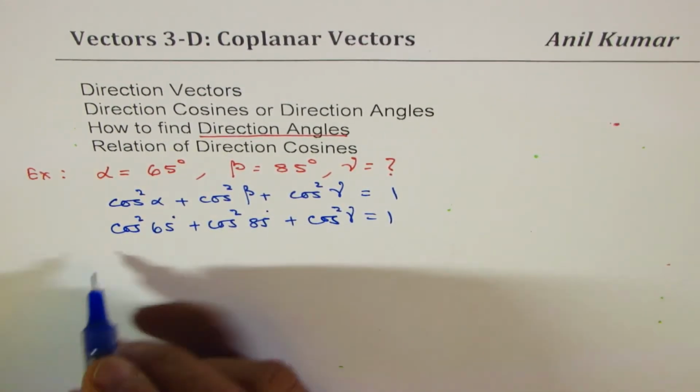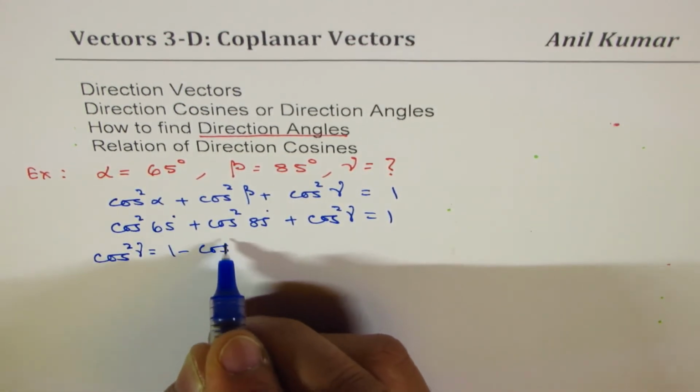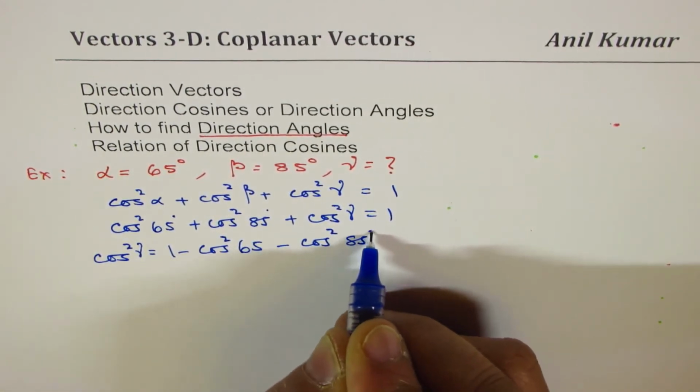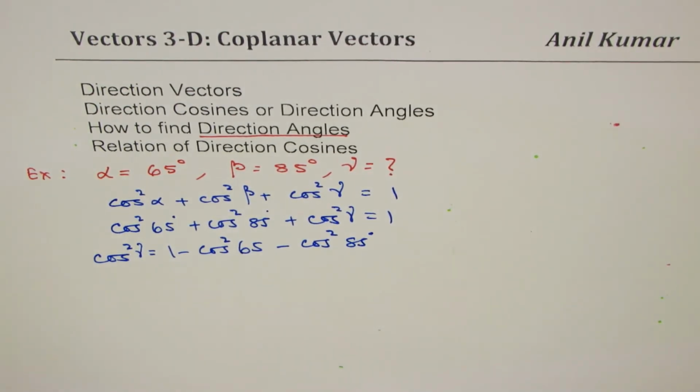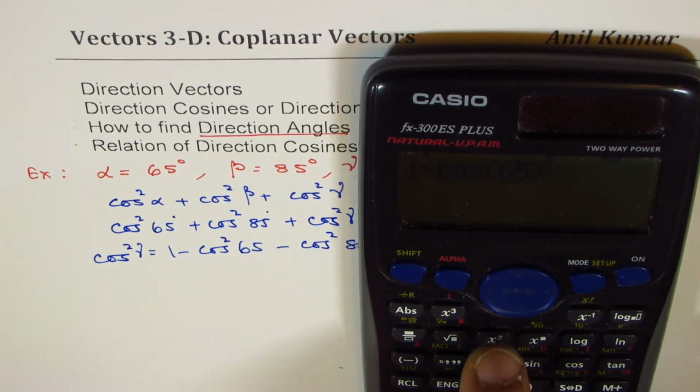And we can isolate and write down that cos square gamma is equal to 1 minus cos square 65 degrees minus cos square 85 degrees, correct? So let's use the calculator and figure it out. So we have 1 minus cos of 65 degrees, bracket square, and then we take away cos of 85 degrees, bracket square.